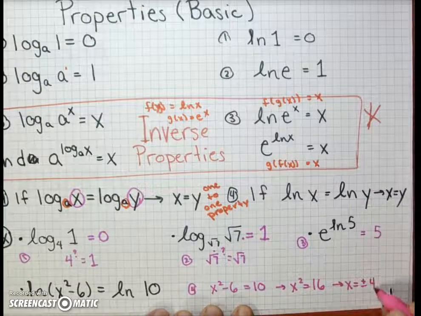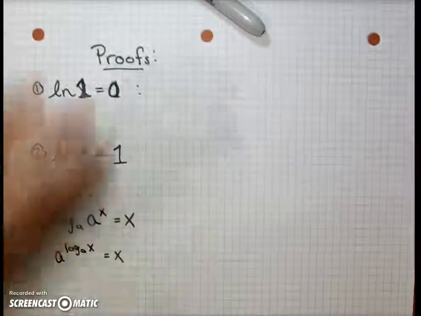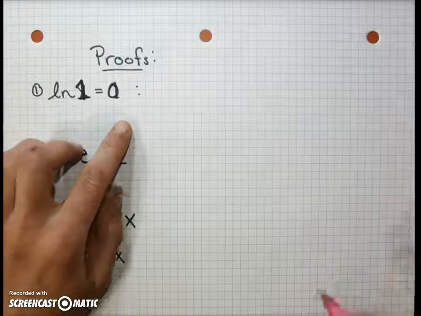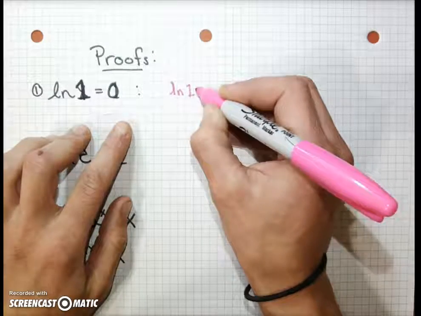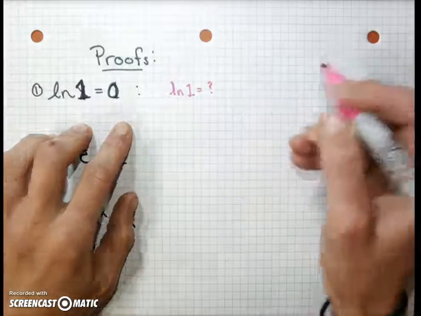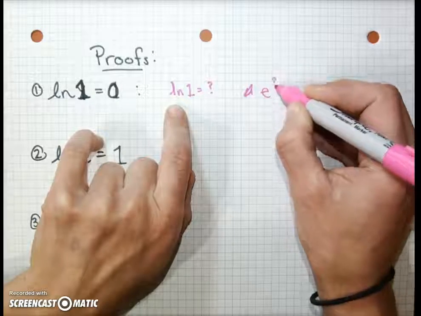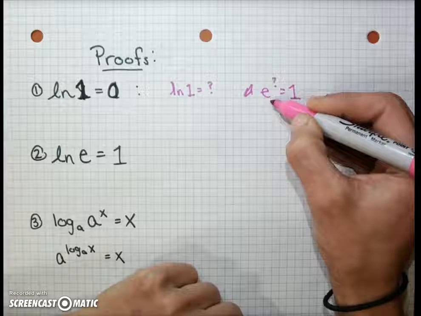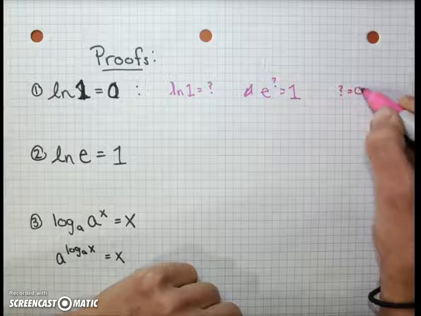So now let's just take a moment to see why these things are true. ln of 1 equals 0. Why should that be? Well, if I'm trying to evaluate ln of 1, then, like I said before, what I'm asking is e to the what equals 1. If I want to take a number and raise it to a power and get 1, that power has to be 0.